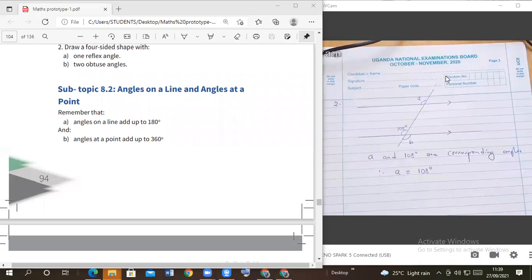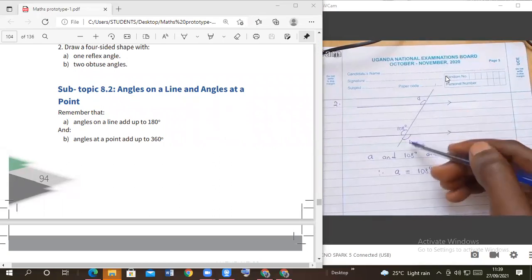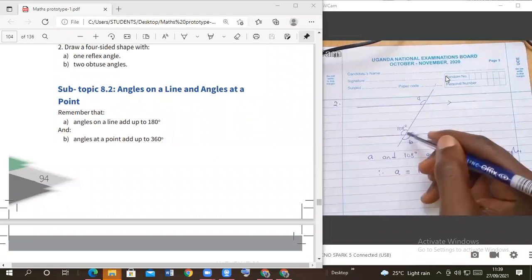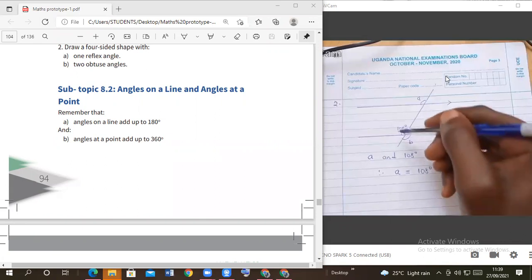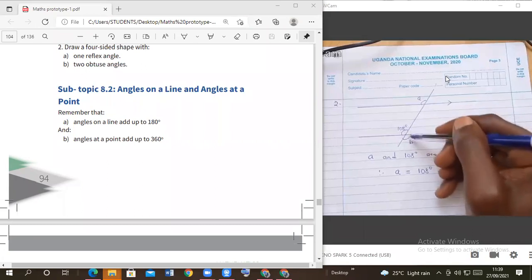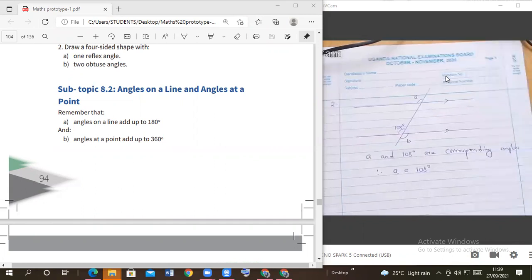Now, if angle A is equal to 108, what about B? What can you say about angle B? When you look at it well, they are opposite angles.